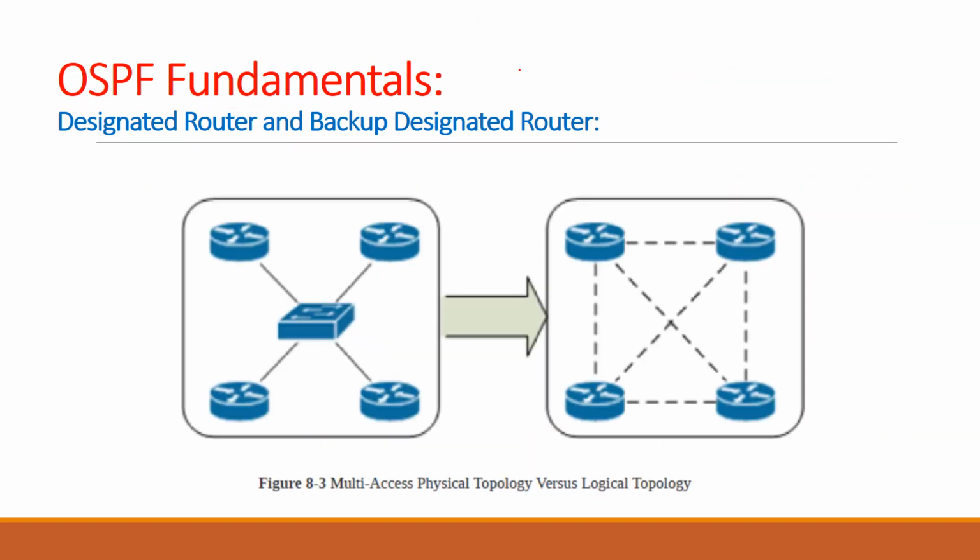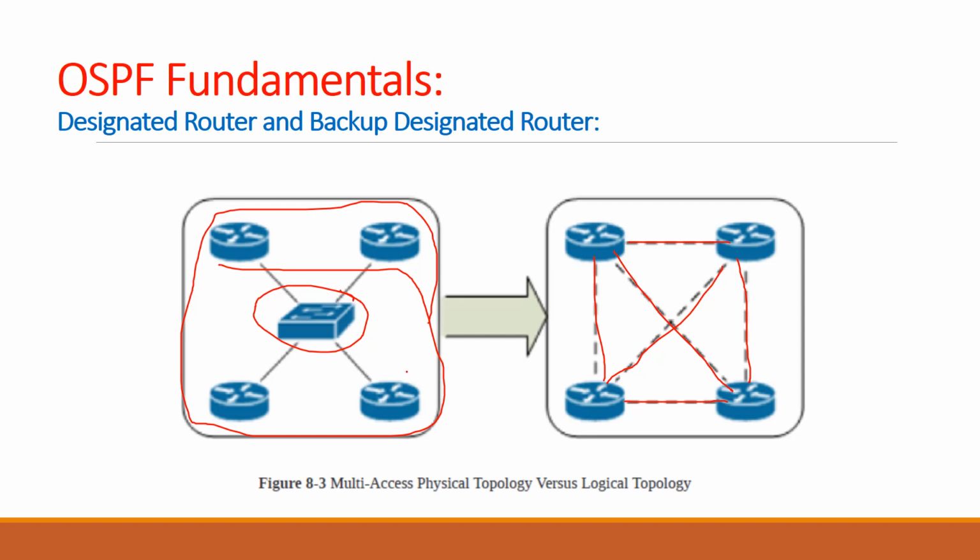What should we do in this case? First, let's see how the full mesh adjacencies occur between the 4 routers. As we mentioned, 1, 2, 3, 4, 5, and 6 adjacencies, in case of 4 routers sharing the same network segment.